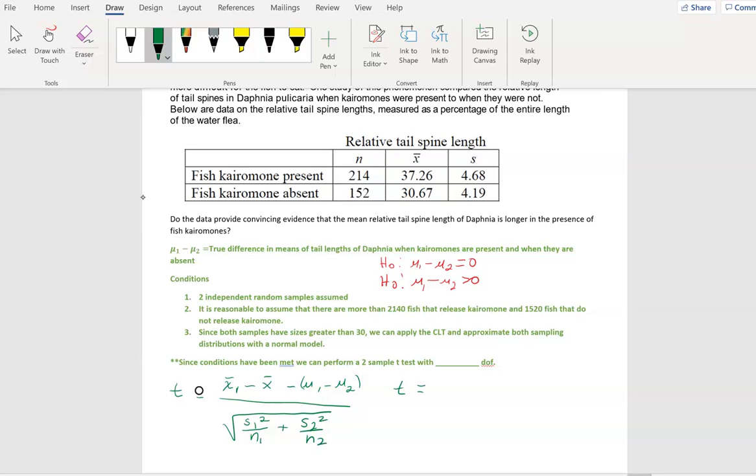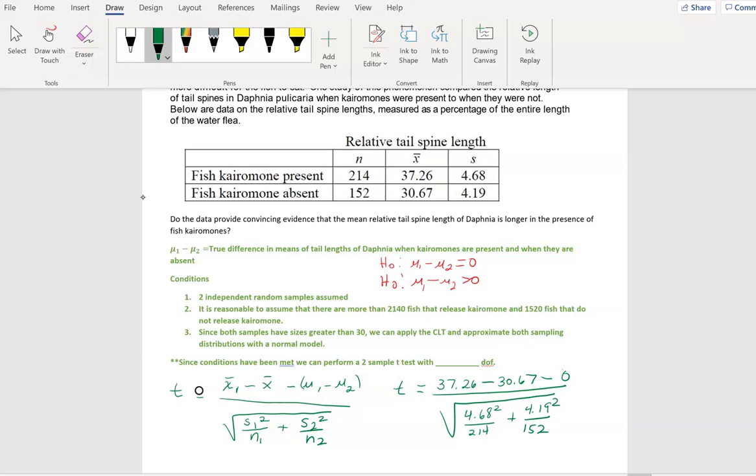So we're now going to substitute into the formula 37.26 minus 30.67 minus 0 over the square root of, and again, we can just take it directly from the table, 4.86 squared over 214, that's N1, plus 4.19 squared over 152.